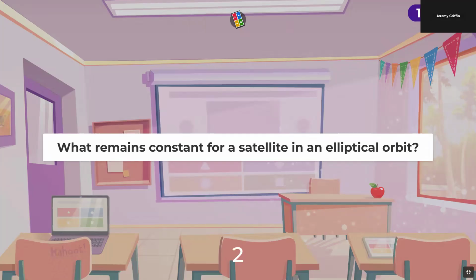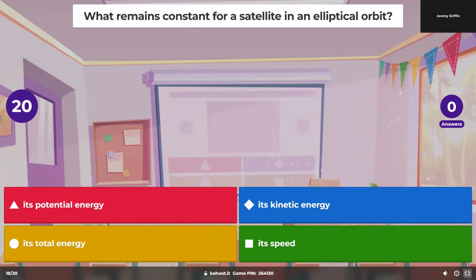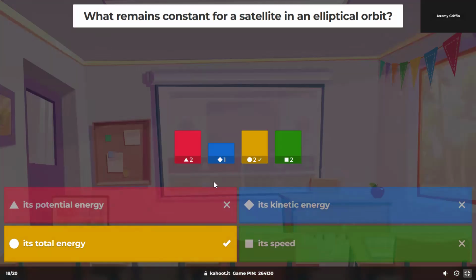What remains constant in an elliptical orbit, say between the satellite and the planet? It turns out, total energy.